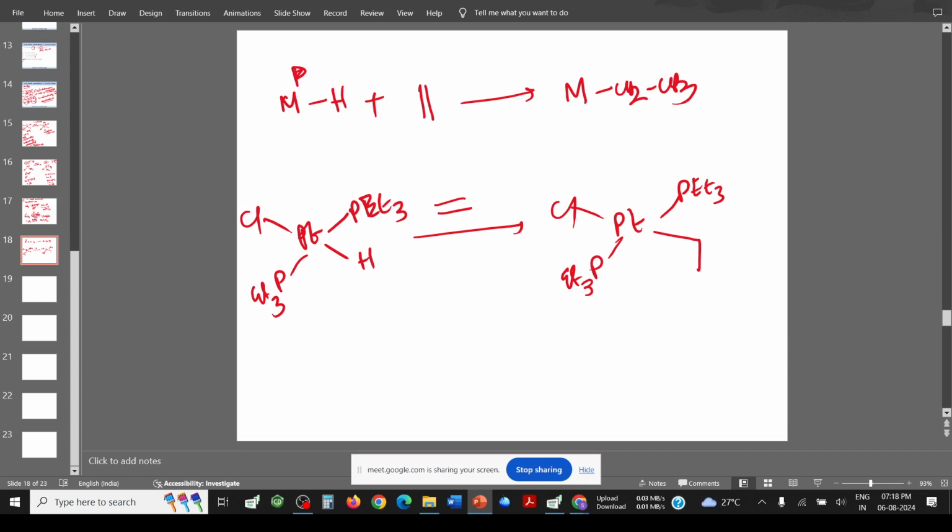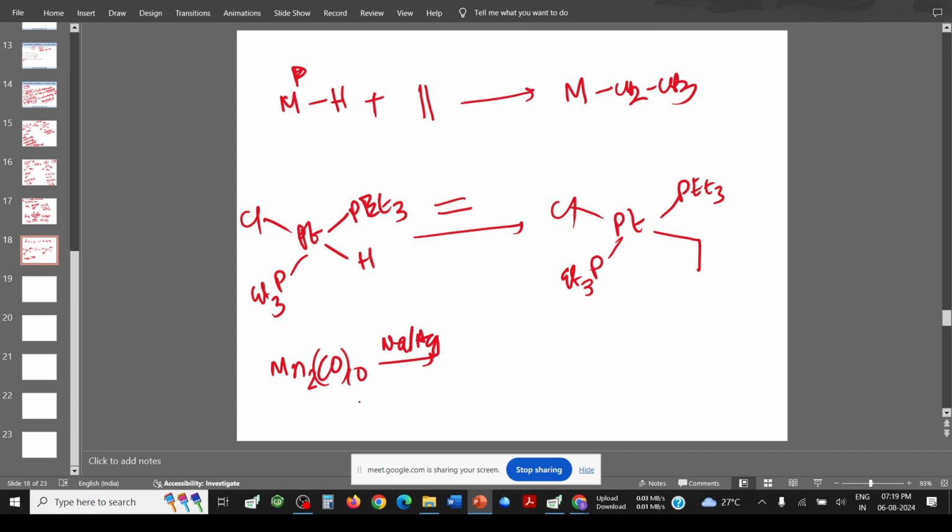Another reaction is the reduction reaction using sodium. If we have Mn2(CO)10, this undergoes reduction in presence of sodium amalgam, NaHg.